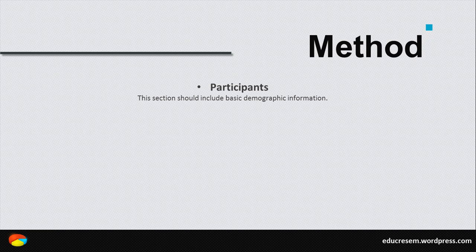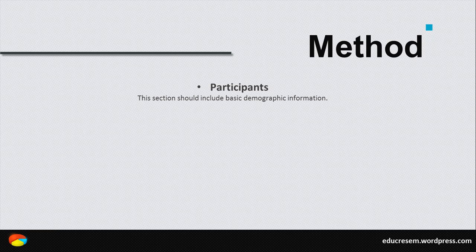So for example, if you are trying to investigate the differences between the math self-efficacy of students with African American background and the Native Americans, then you should include this information in the participant subsection. And also where appropriate socioeconomic status, disability status, sexual orientation, and so on and so forth.